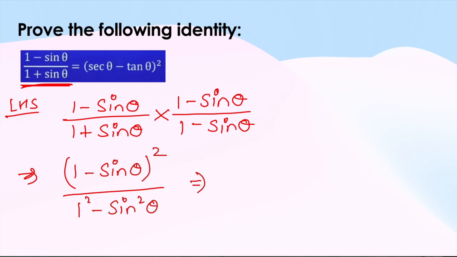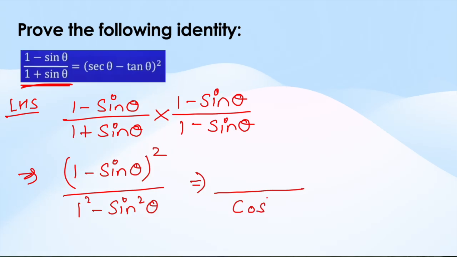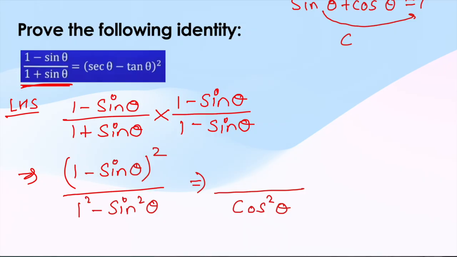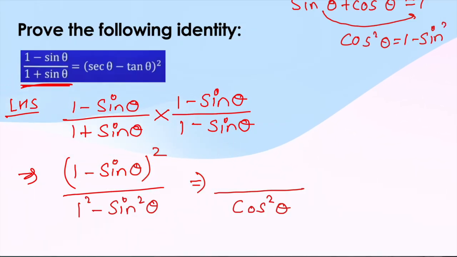Because a plus b into a minus b is a square minus b square. If it is a square minus b square, 1 minus sine square theta, it is cos square theta. Using this identity, see if you are confused now, sine square theta plus cos square theta is 1. And I know if I shift sine to another side, it will become cos square theta equals to 1 minus sine square theta. So in place of 1 minus sine square theta, I put it as cos square theta.